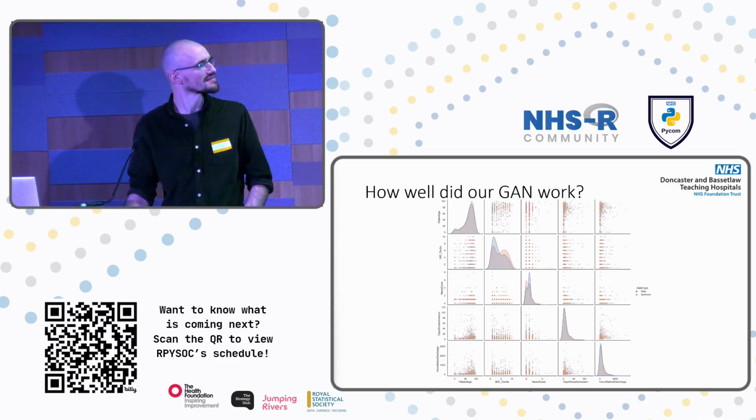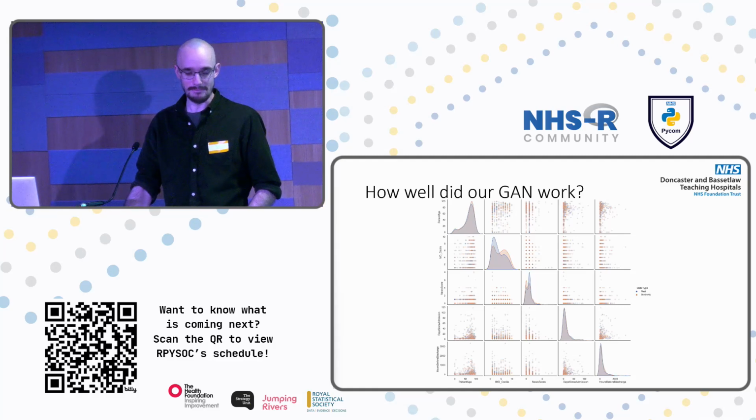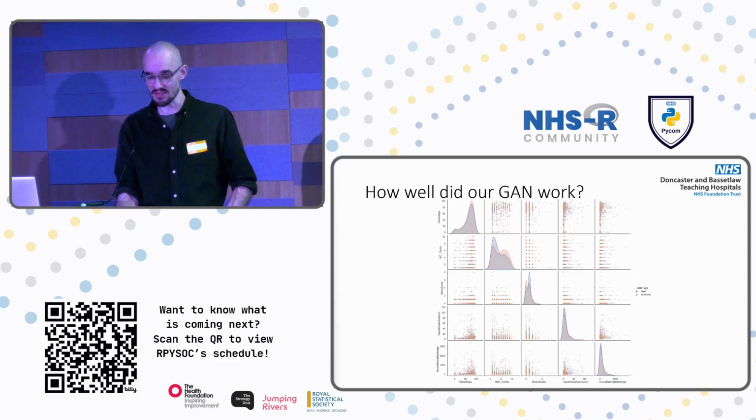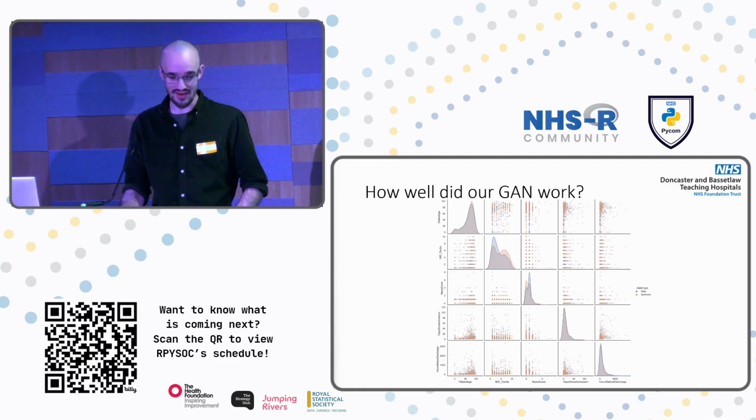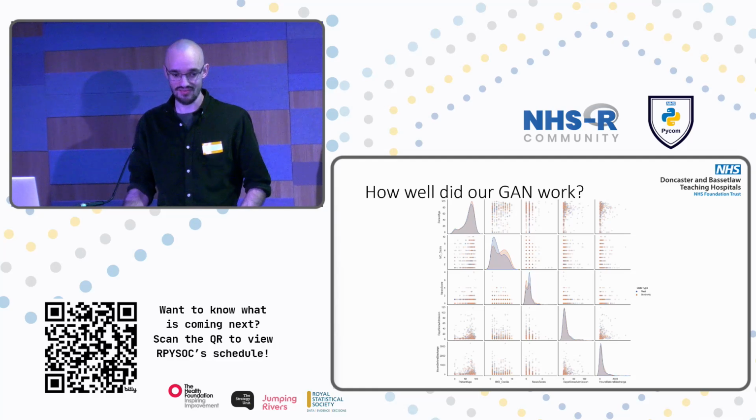It's probably a bit hard to see. It's smaller than I thought it would be. But in blue, you have real data. In orange, you have synthetic data. Roughly, the distributions match in terms of how they correlate against each other. There are some mismatches. I think the model could have been better.